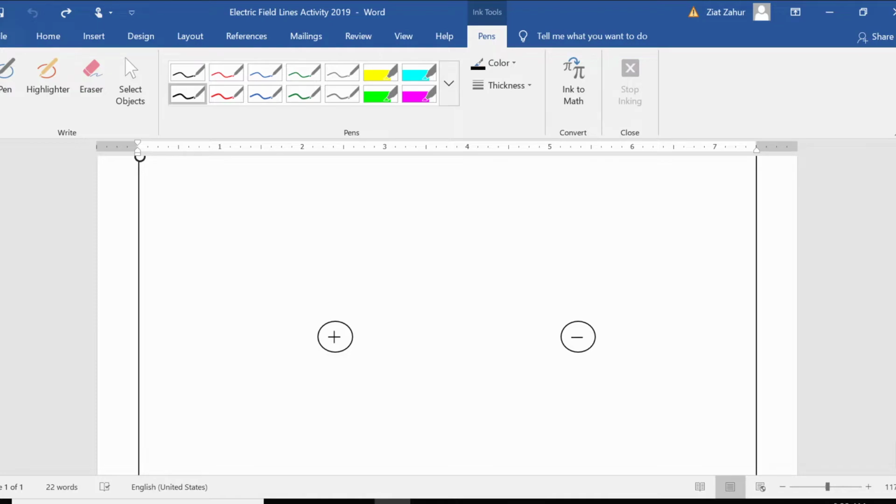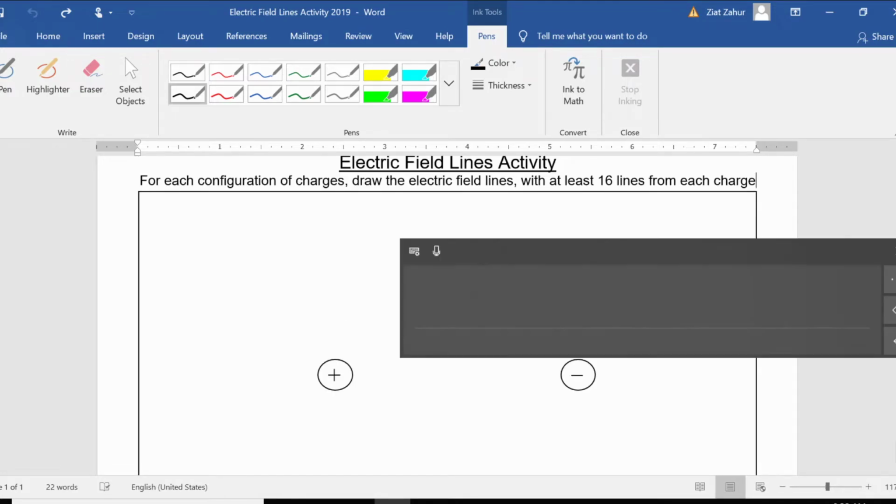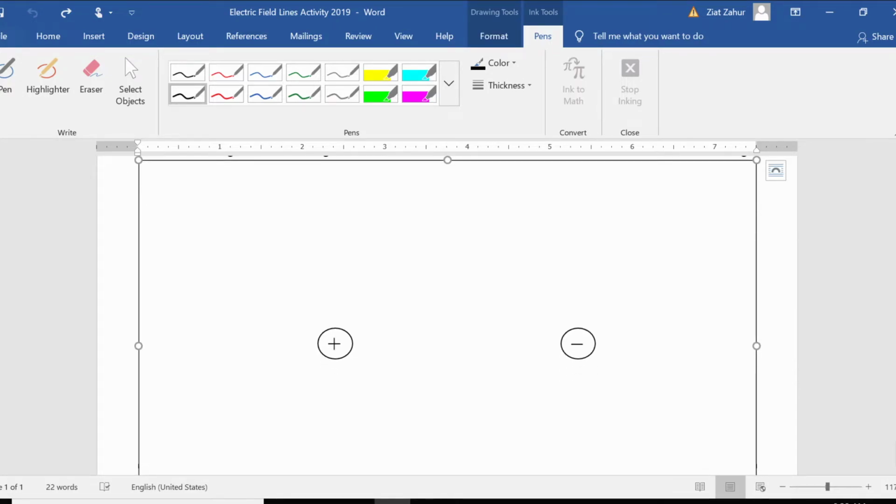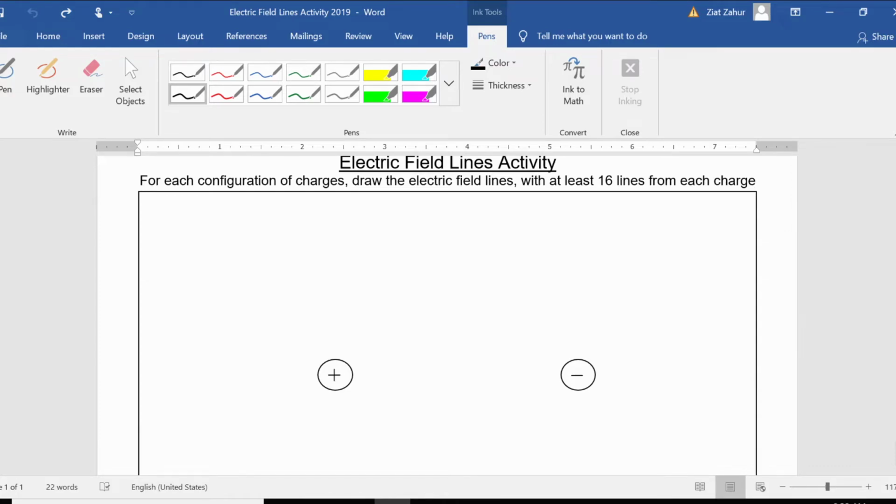Oh no, how do I do this? Undo, draw, go away. Pen. There we go. So I'll draw a line, draw a line.